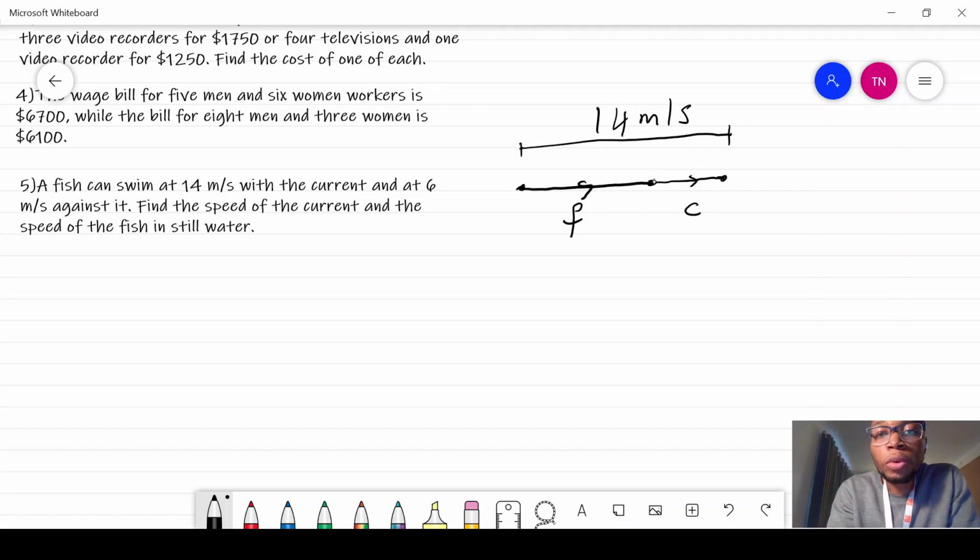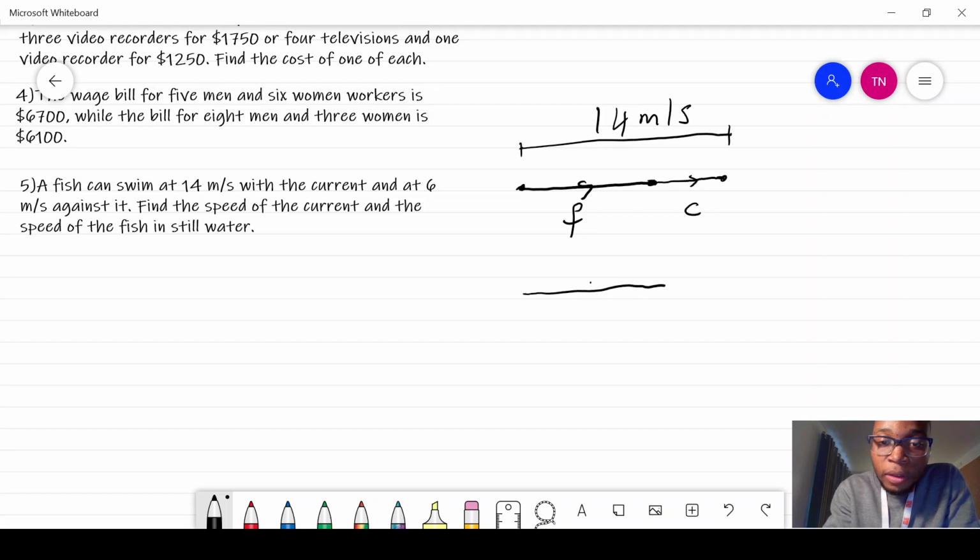That is what we know. And from the diagram, you can see it because the fish is moving with the current. The current has a certain speed and the fish has a certain speed, so when you combine those two, you get 14 meters per second. And we are also told about the fish going against the current now.